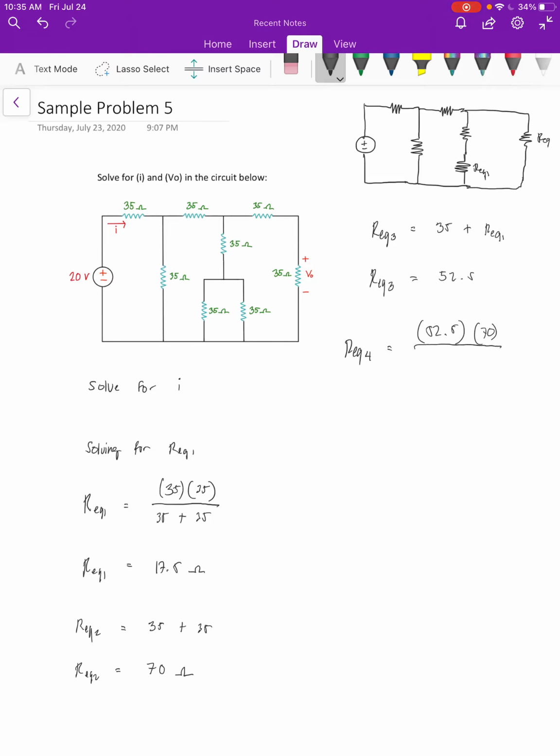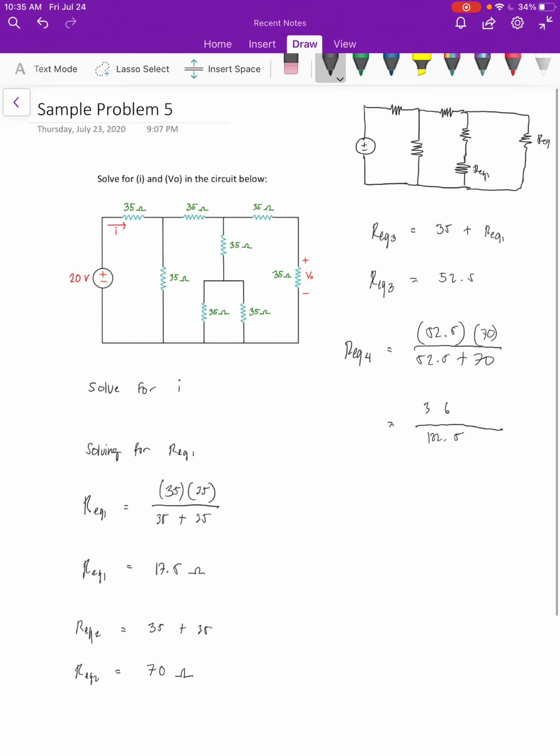So we have 70 and 52.5 plus 70. 52.5 plus 70 is equal to 122.5, and 52.5 times 70 is equal to 3,675. So that's a hefty amount. We divide that by 122.5, and we obtain resistor equivalent REQ4 is equal to 30 ohms.